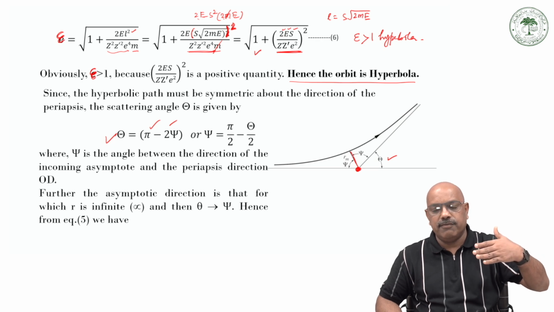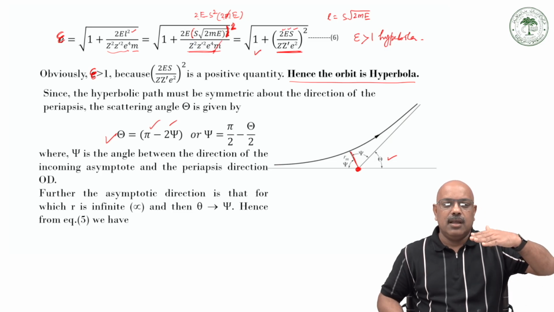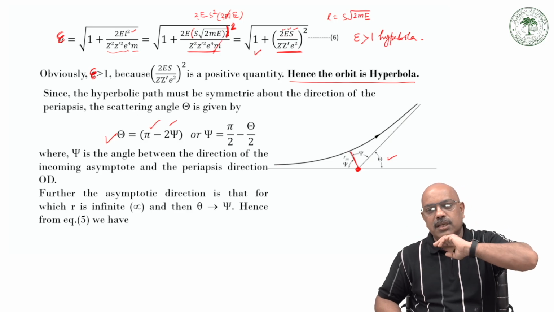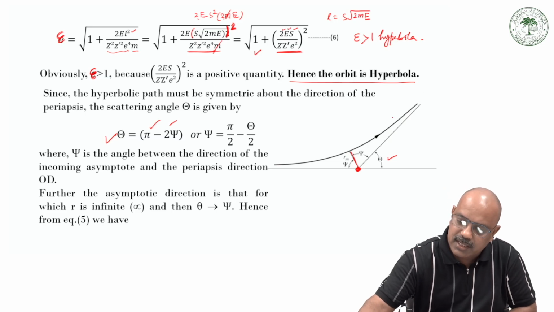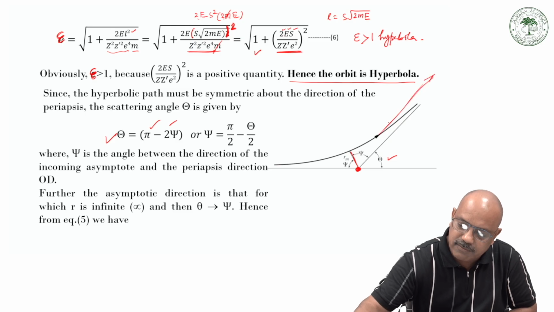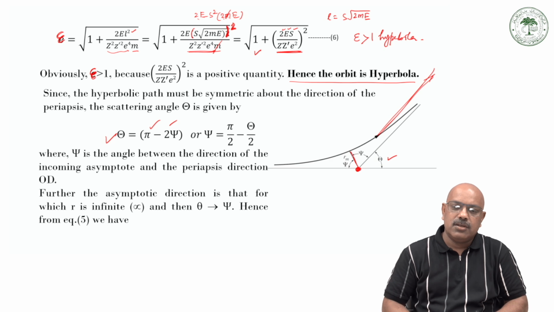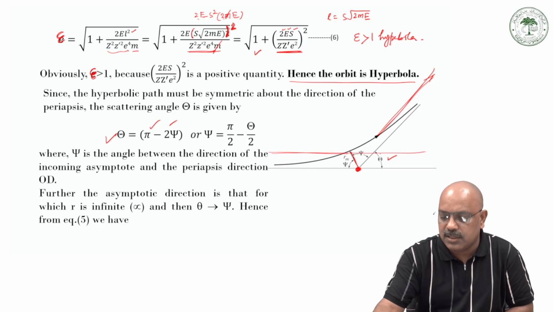Hence from equation 5, what do I mean by this? For the asymptotic direction, that is, for r infinite, theta is going to be psi. Earlier, theta is pi, if the particle is not deflected it goes in a straight line.